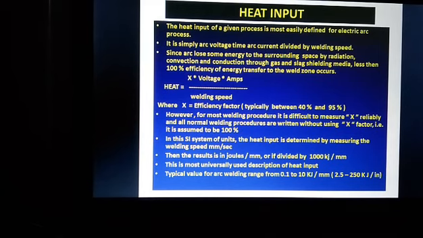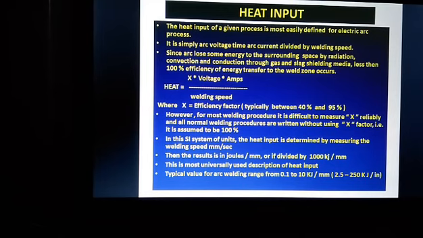The heat input of a given process is most easily defined for the electric arc process. It is simply arc voltage times arc current divided by welding speed.